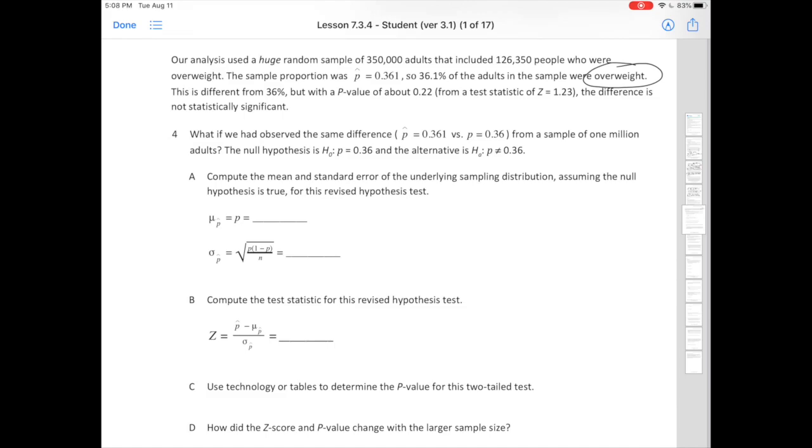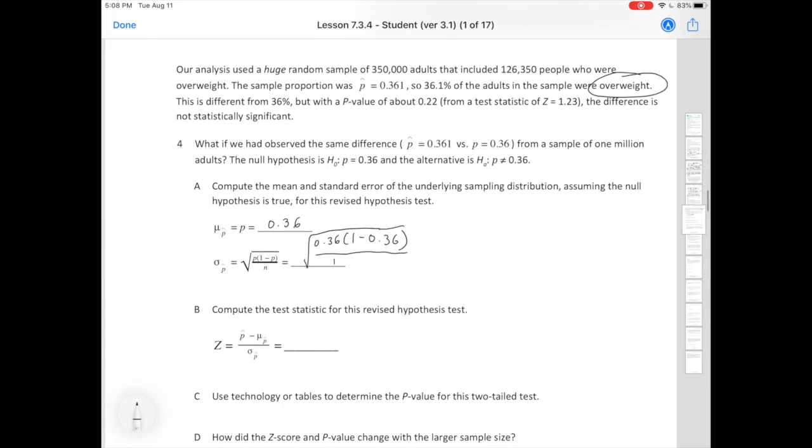Well, what is p in this example? p is 0.36, and then we want to find the standard error. So this is going to be the square root of 0.36 times 1 minus 0.36 divided by n, but now we're assuming that we're sampling 1 million adults, 1,000,000.